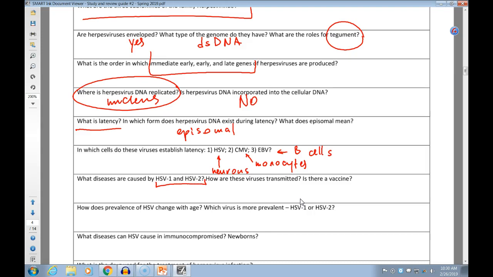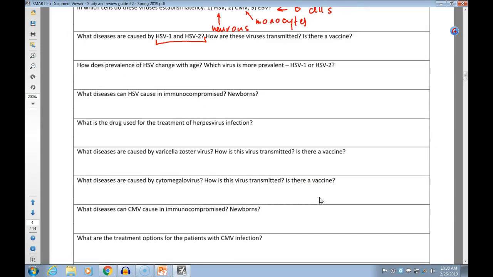HSV1 causes labial herpes, and HSV2 causes genital herpes. These viruses can be transmitted via bodily fluids and vertically, and there is no vaccine. Prevalence of herpes simplex increases with age, and HSV1, the labial herpes, is more prevalent, meaning that it infects more people.